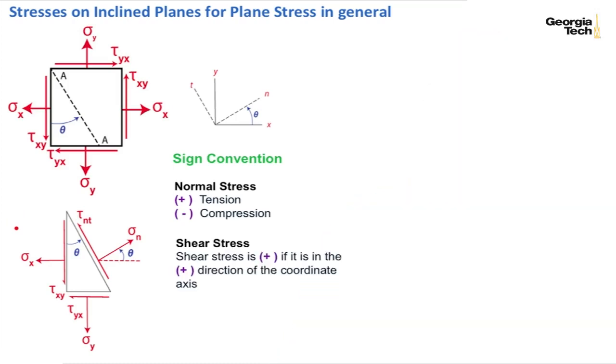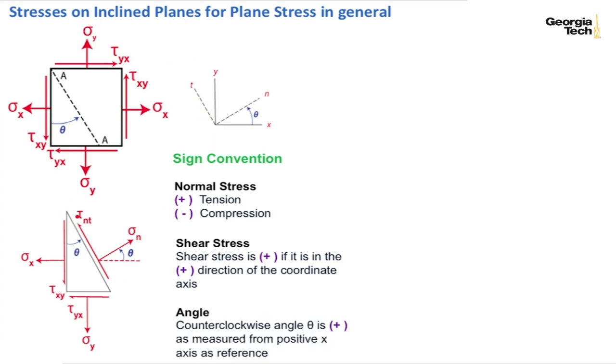Shear stress is positive if it is in the positive direction of the coordinate axis. So for instance, this is the positive face for the positive normal, and the positive tangential direction is the definition of our positive shear stress. The angle that we'll measure on this inclined plane will be counterclockwise, taken as positive from the reference x-axis.